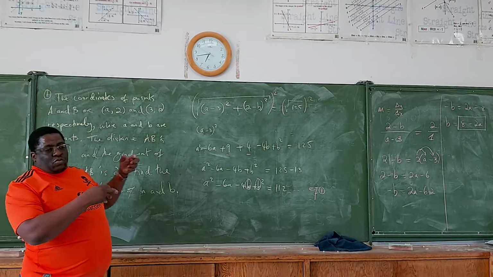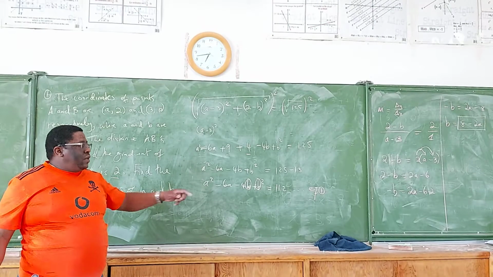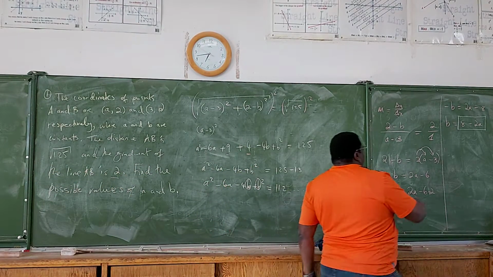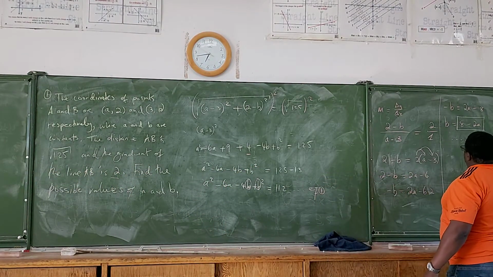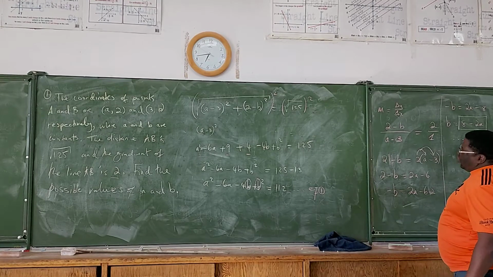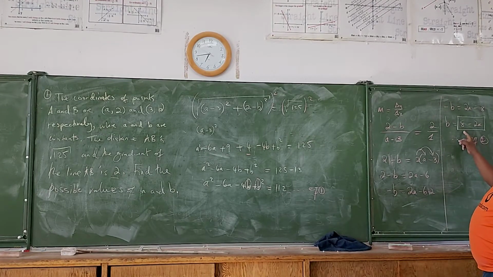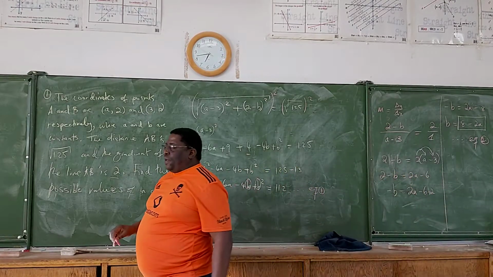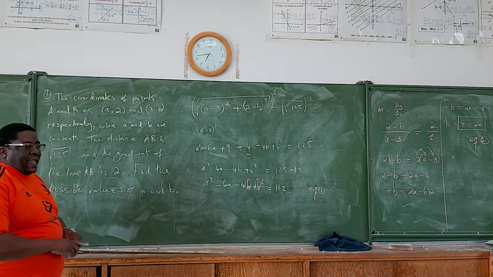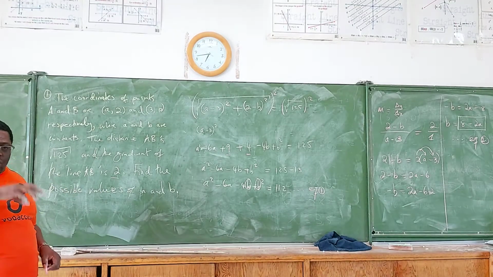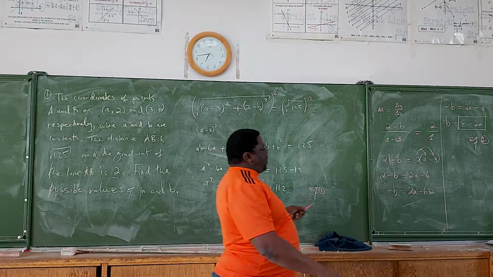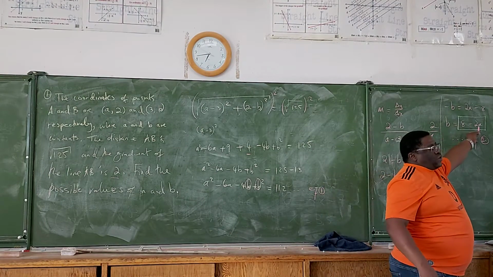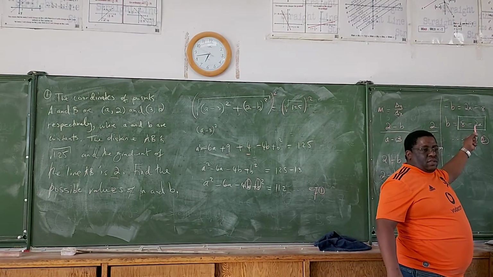There might be instances where we will disregard something. So this one here is equation 2. We're going to substitute b equals 8 minus 2a for b everywhere in this equation. Substitution will allow you to get the values of a. Then I will look at those values of a and substitute them in here to get the possible values of b. Does that make sense? It makes sense.